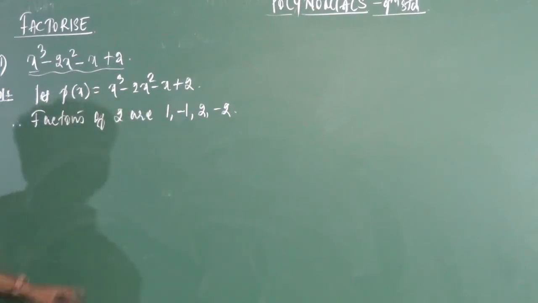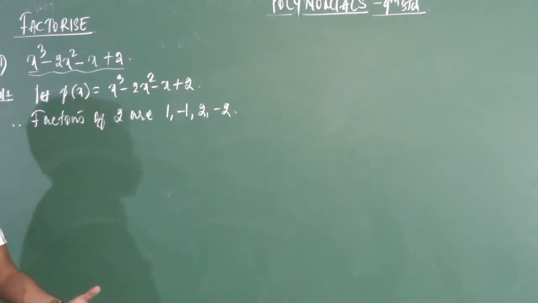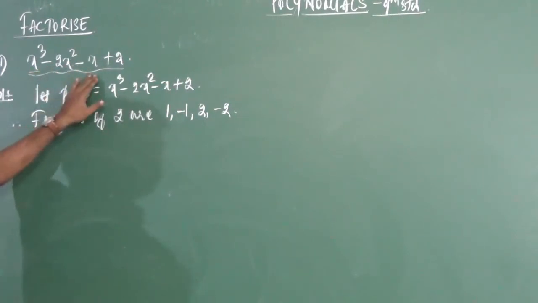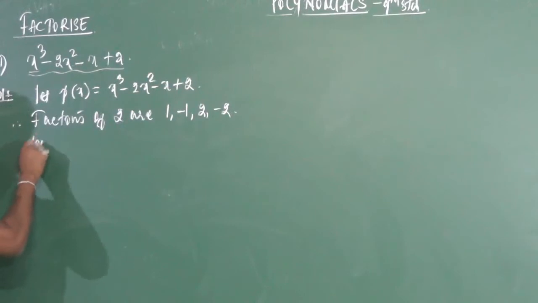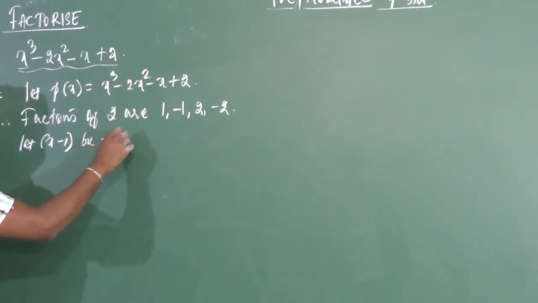So here we have to frame a linear equation in such a way that the 0 of that linear equation when substituted in this polynomial, it should become equal to 0. That is, for example, we have 1 here. So let us take, let x minus 1 be the factor.